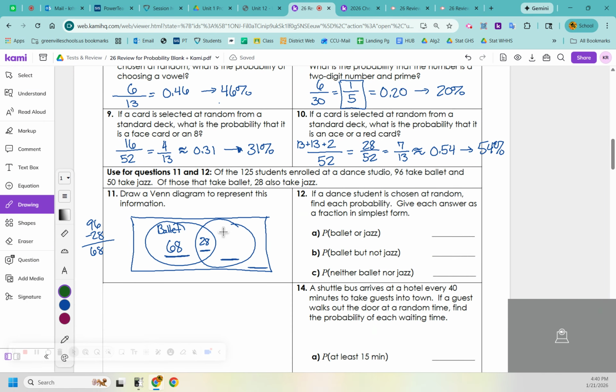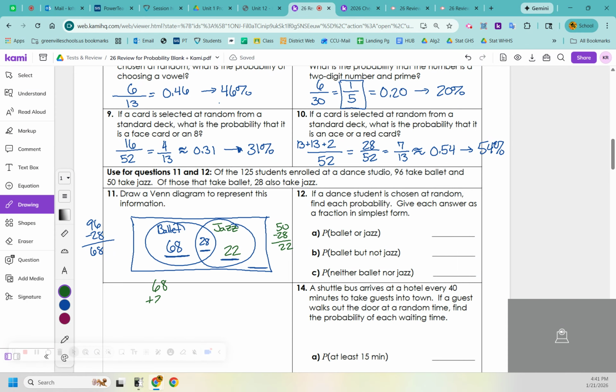And then we're going to do the same thing for jazz. The whole circle has to add up to 50. And we already know the middle 28 take both. So that leaves us with 22 who just take jazz. And then we still need this whole box to add up to every student in the dance studio. So with the whole box, all four numbers need to add up to 125.